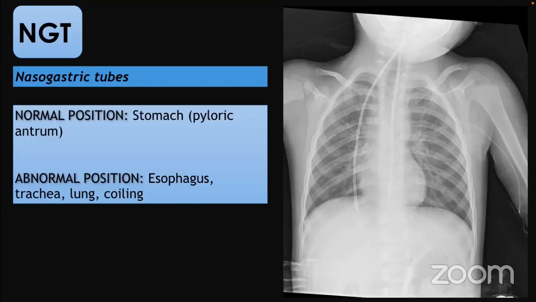In this film, we have a left-sided peripherally inserted catheter, which we will discuss in the coming few slides. The yellow line is at the level of the tip of the feeding nasogastric tube.